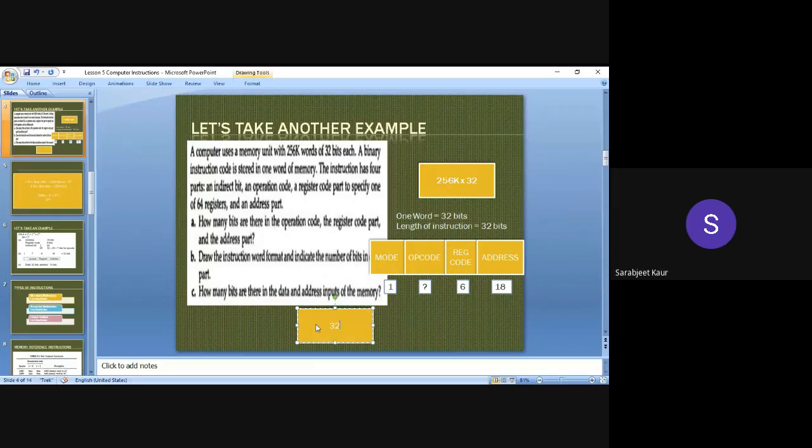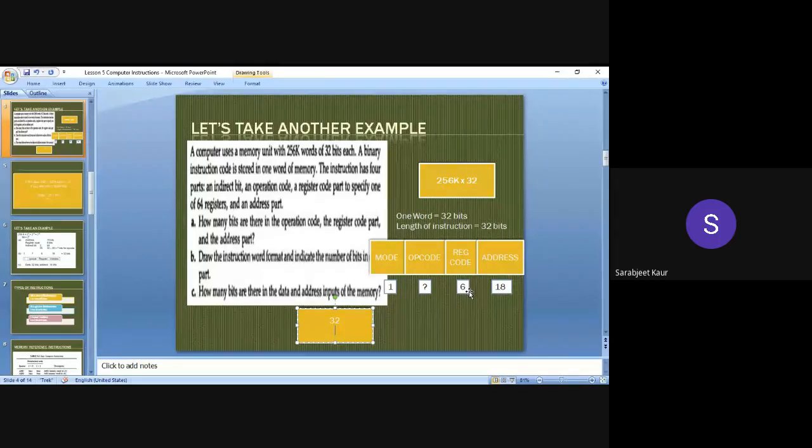What is the total number of bits that we have already dedicated? 1 to the mode bit, plus 6 to the registers, makes it 7.